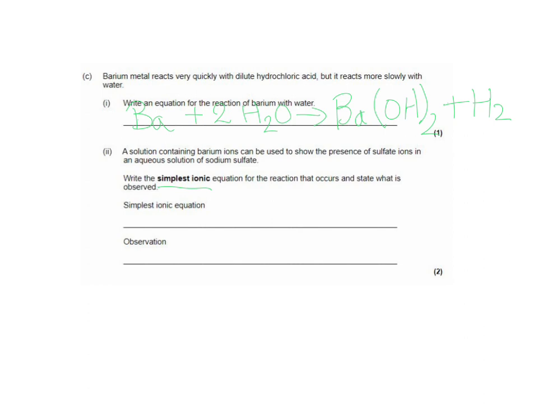Ba2+, it's in group 2, plus the sulfate ion, which you should know is SO4 2-, make barium sulfate, and because it's 2+ and 2-, it's just 1 of each of the ions that react. Now your observation should be that you would see a white precipitate formed.